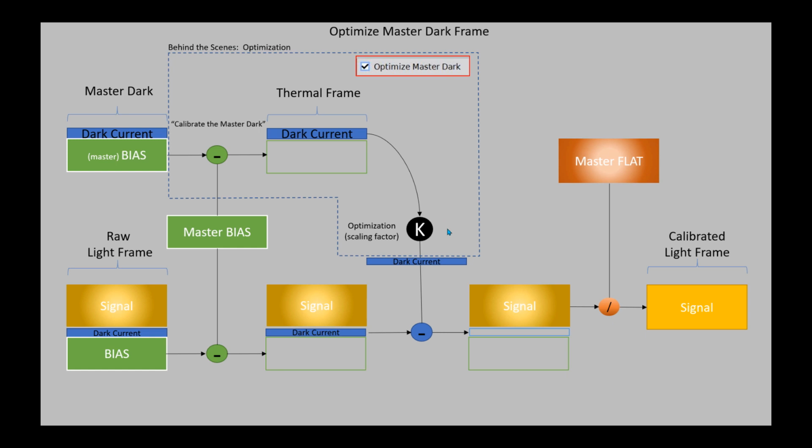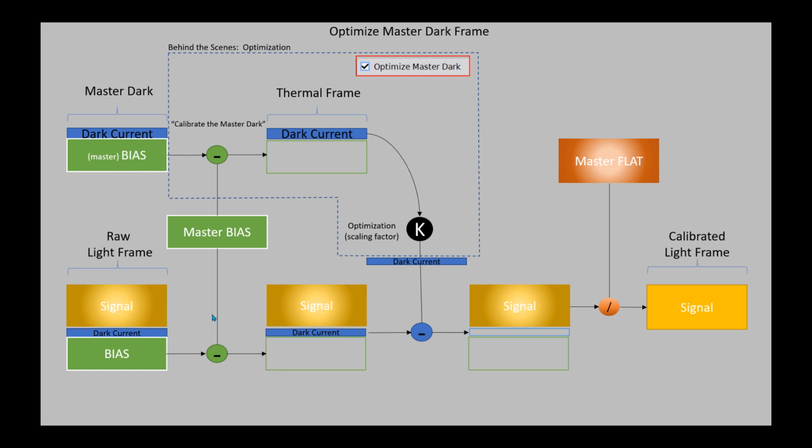It may be 0.45, it may be 0.6. Whatever that number is, you can try to discover that number not by looking at the ratio of the exposure times, but instead by looking at the noise that remains after you subtracted this dark.